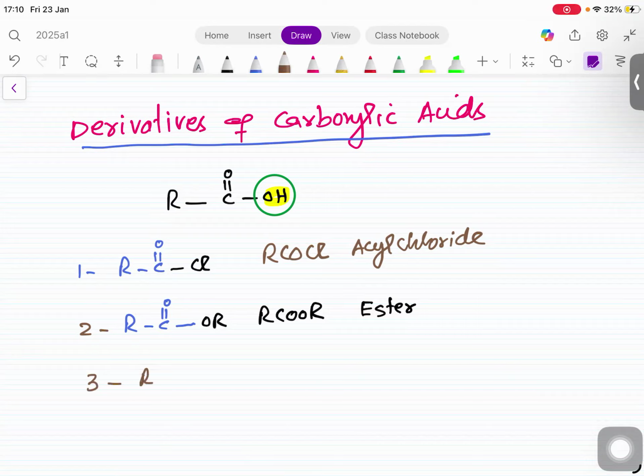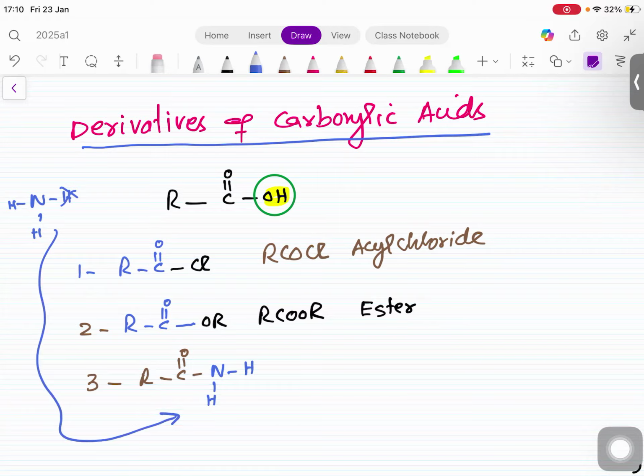Next, RCO, and if we replace it with NH2 here, ammonia is NH3, no? So let's say I took one hydrogen off from ammonia and the rest, NH2, is here. So it becomes RCONH2. This is another functional group known as amide.